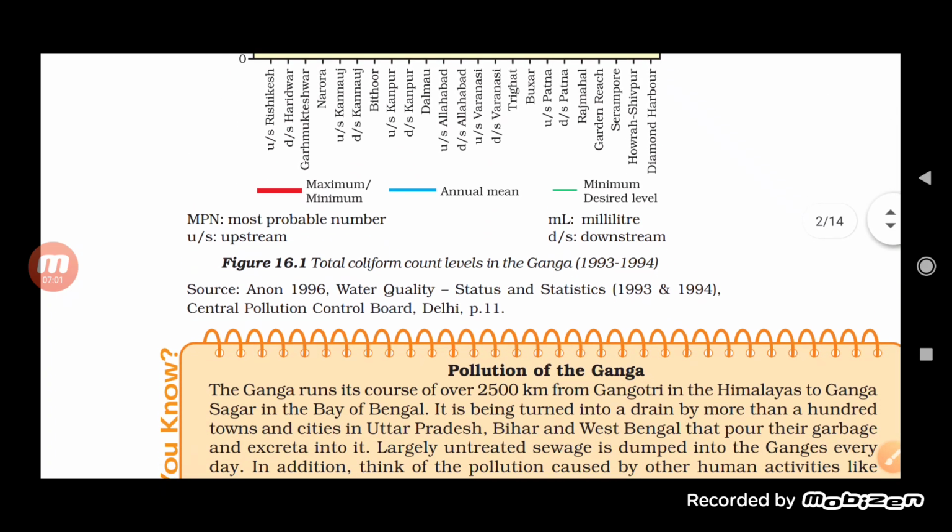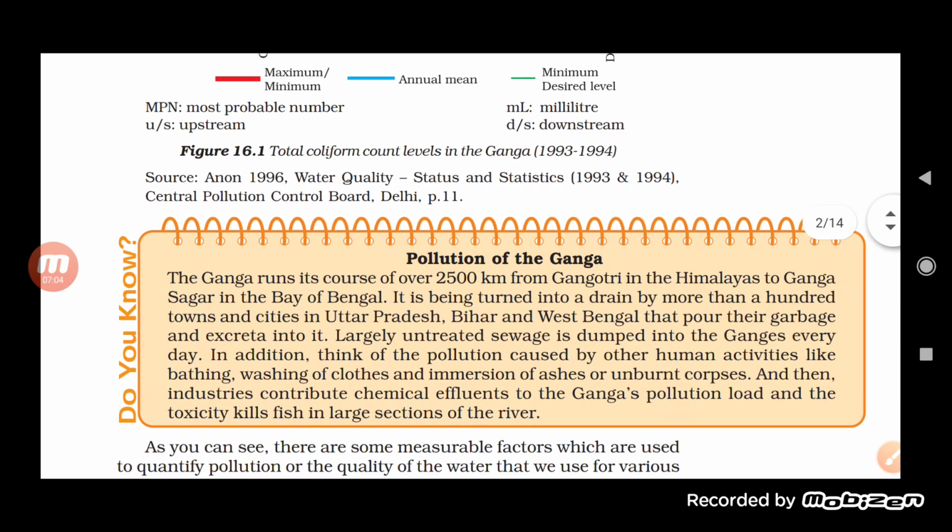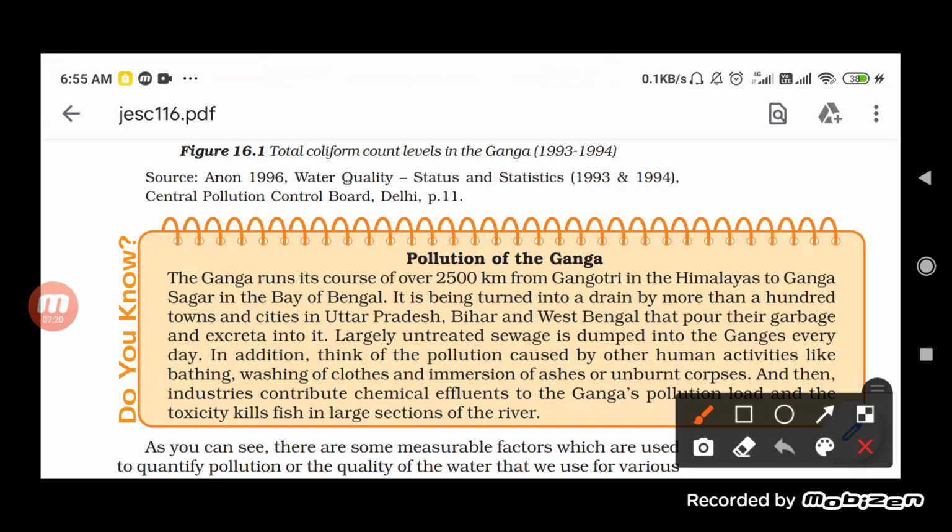We know that the Ganga runs from Gangotri in the Himalaya to Ganga Sagar in the Bay of Bengal, and it passes through a lot of cities. What happened here is that it gets polluted. You can see it is written that cities in Uttar Pradesh, Bihar and West Bengal pour their garbage and excreta into it.